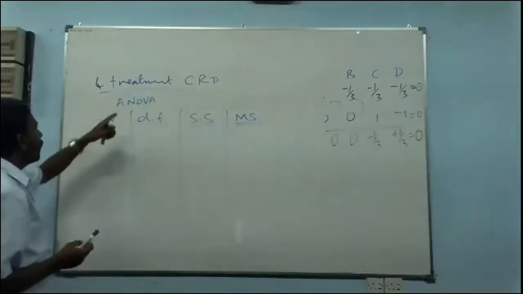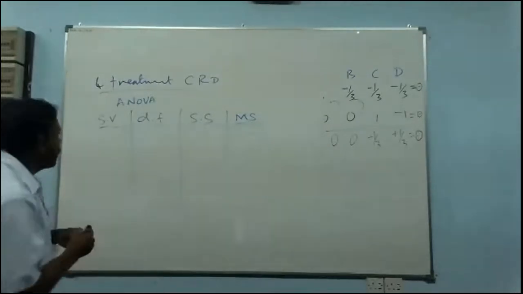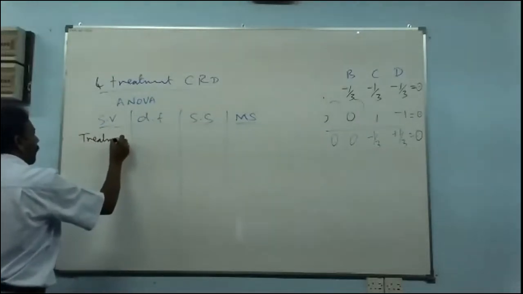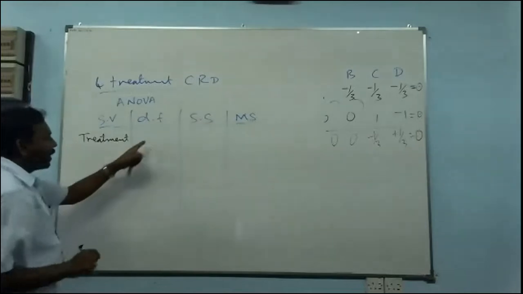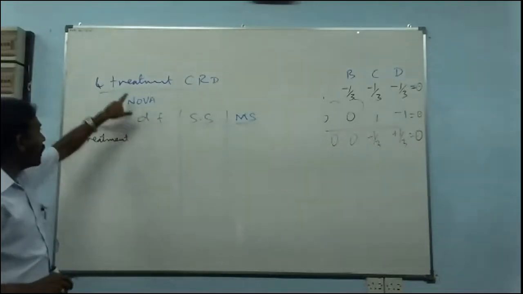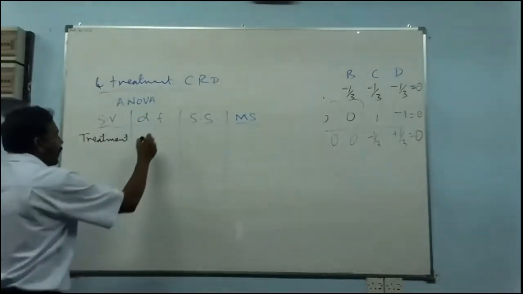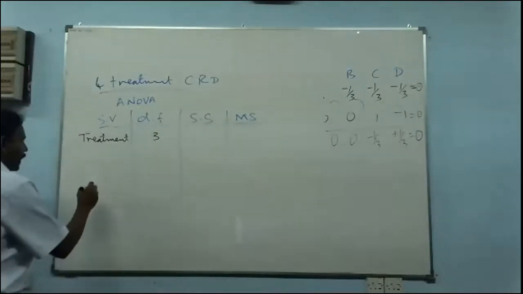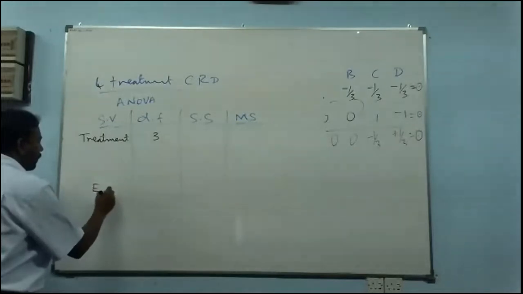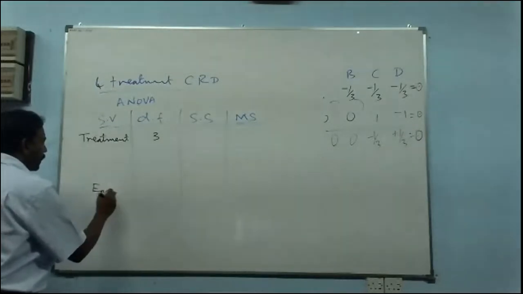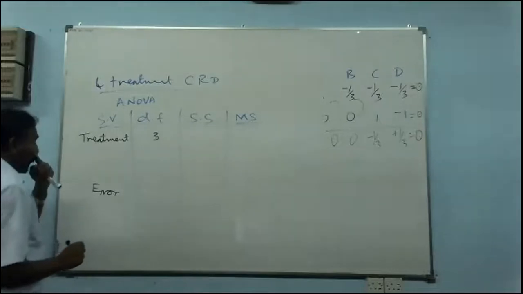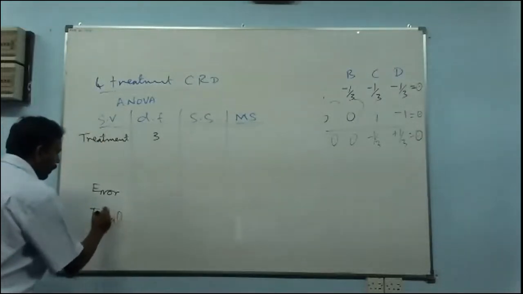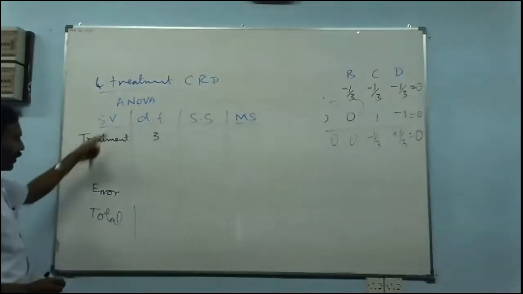So if I have a CRD, this is treatment. How many degrees of freedom? If I have 4 treatments, T minus 1, that is 3. So here I have error degrees of freedom, error sums of square, as a source of variance error and the total source of variance.